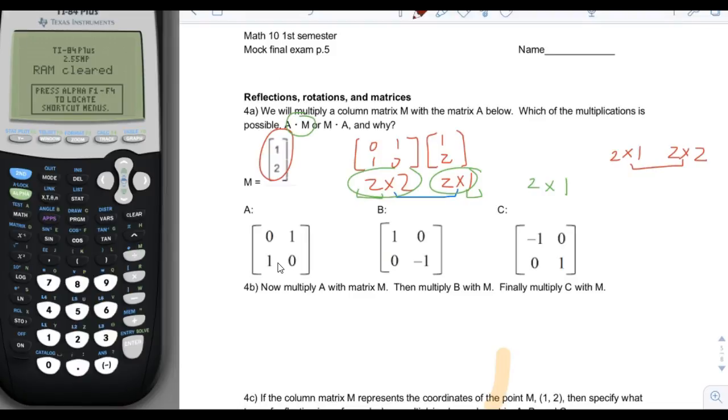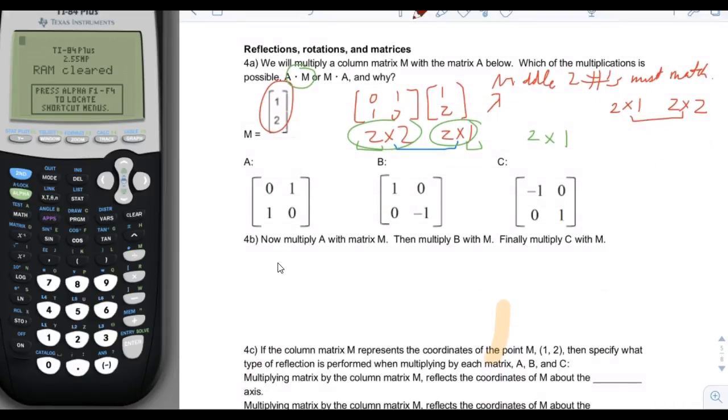The middle two numbers must match. Another way to say it is the first matrix's number of columns must equal the second matrix's number of rows.